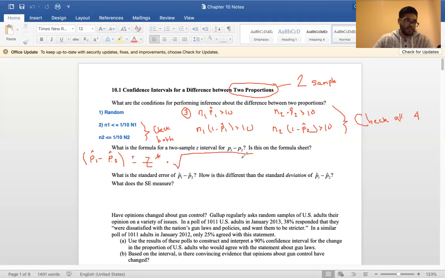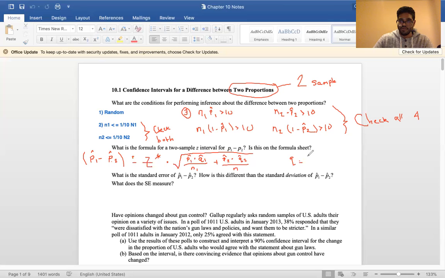And if you go back to when we started transforming things, remember how we can only add them together and not subtract. So it's the same thing here. So p hat 1 times, I'm going to write q hat 1. Remember, q is just 1 minus p hat 1. Just to make my life a little easier. Over n1, plus p hat 2 times q hat 2, all over n2.